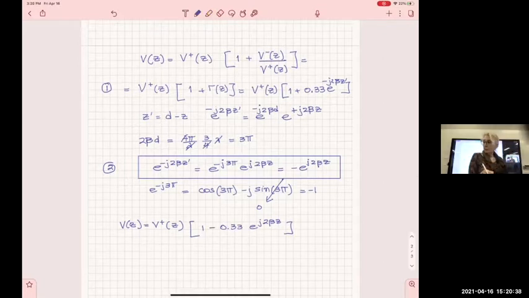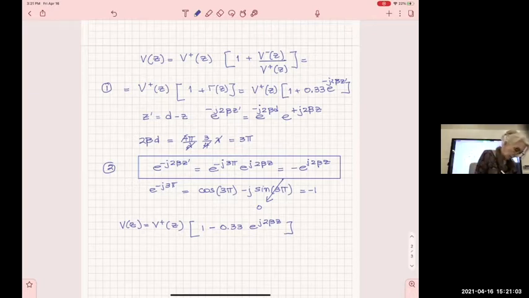Now, practically, I have an expression for V of z here. And V of z is a complex number. How do we plot complex numbers? Usually, we care about their magnitude, first of all, right? So when somebody tells you, show me how V of z changes in a line, I would start with the magnitude.